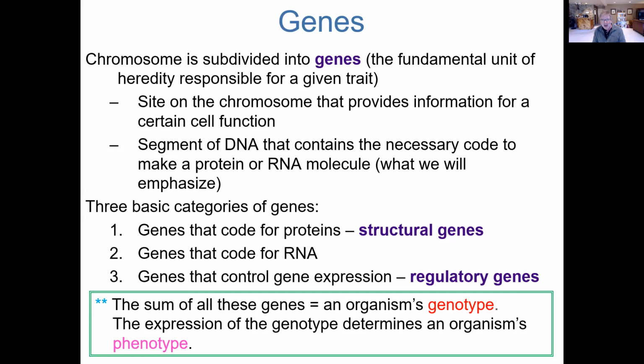If you have blue eyes, we often describe that as your phenotype for eye color, either blue eyes or brown eyes. Well, if that's the physical manifestation, the eye color, what is responsible for that eye color? Well, that's what the genotype gets at.